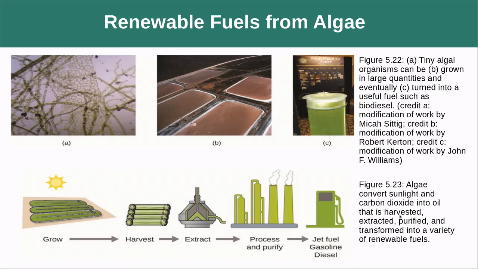So one thing that can be interesting is the idea of renewable fuels from algae. This is a little vignette that was in the book that I thought was quite interesting. Instead of burning fossil fuels, one thing that they can do now is genetically modify the algae, grow it in these large troughs, harvest it, then they centrifuge it to extract it out, and then they're able to process out high-grade fuels from it.